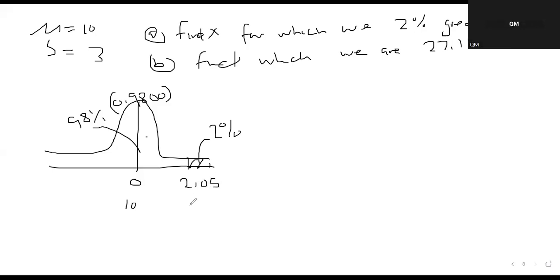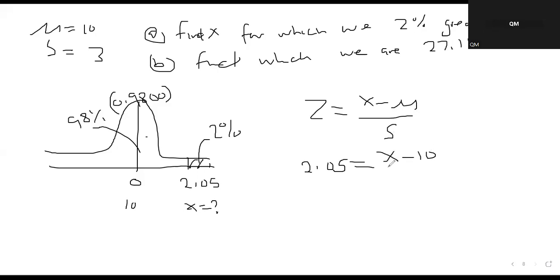So meaning our Z here is 2.05. So we want to find what X is. Now here we say Z is equal to X minus mu over standard deviation. Our Z is 2.05. Our X, we don't know. Our mean, we know it's 10. And our standard deviation is 3. So here you cross multiply. We're going to have 2.05 times 3, and you're going to have X minus 10.